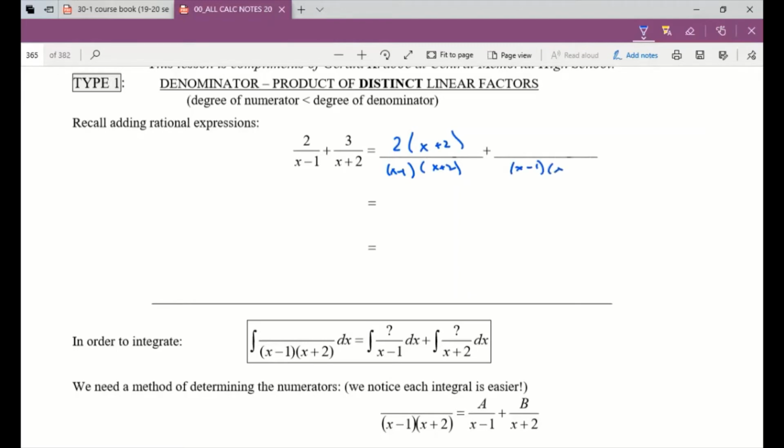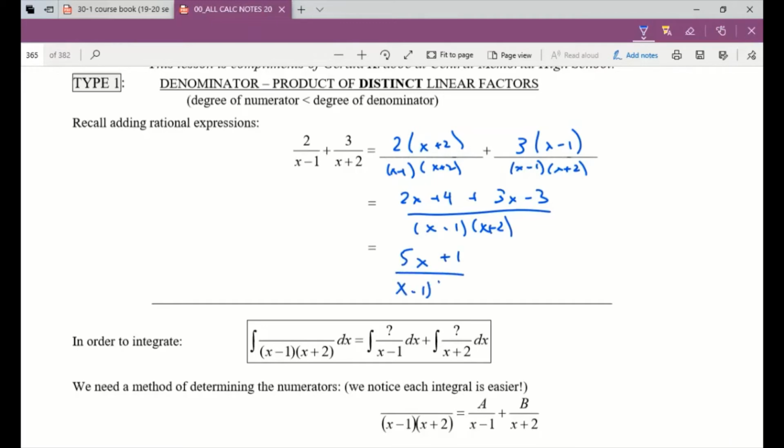The second term, 3, ends up being multiplied up and down by x minus 1. When we distribute, 2x plus 4 plus 3x minus 3, all still over x minus 1 times x plus 2, ends up being equal to 5x plus 1 over x minus 1 times x plus 2.